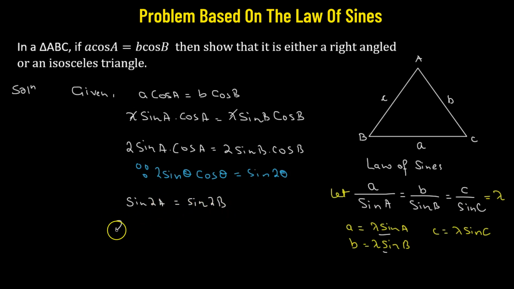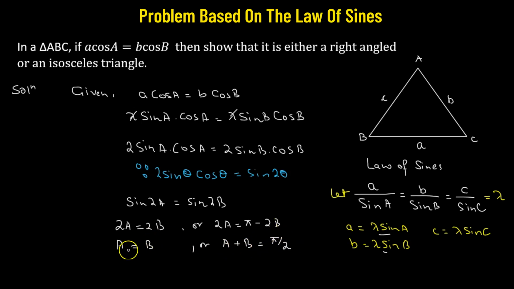So that means 2A equals 2B, or we can get 2A equals pi minus 2B, which means A equals B, or A plus B equals pi over 2.